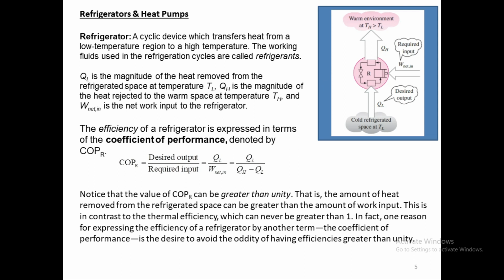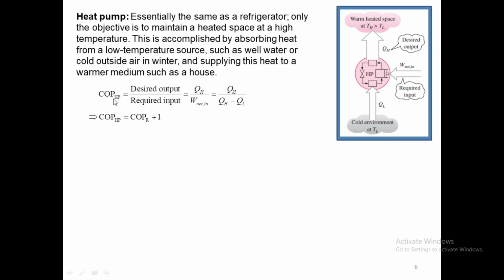And if you do an energy balance for a closed system, you can prove that the net work is equal to QH minus QL. You must have done it in your thermodynamics course, so you can go and look it up. So COPR is QL divided by QH minus QL. Notice that COPHP is again desired output divided by the required input. Required input is still the same, that is the work required by the compressor, but the desired output is QH.